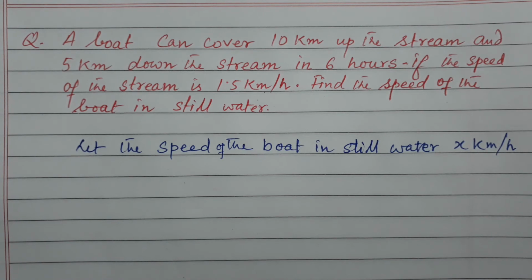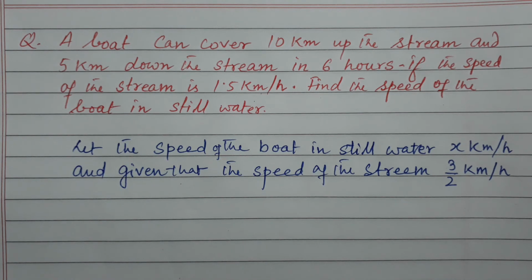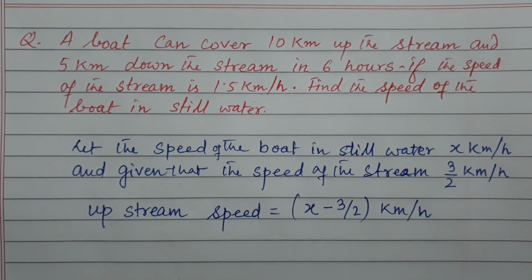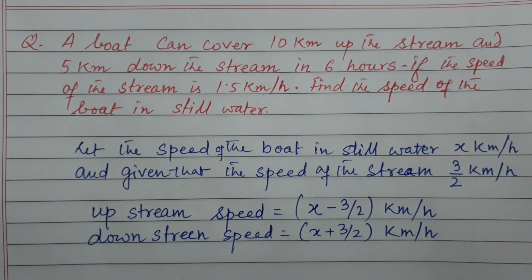Now let the speed of the boat in still water be x km per hour, and given that the speed of the stream be 3 by 2 km per hour, therefore the upstream speed will be x minus 3 by 2 km per hour and the downstream speed will be x plus 3 by 2 km per hour.